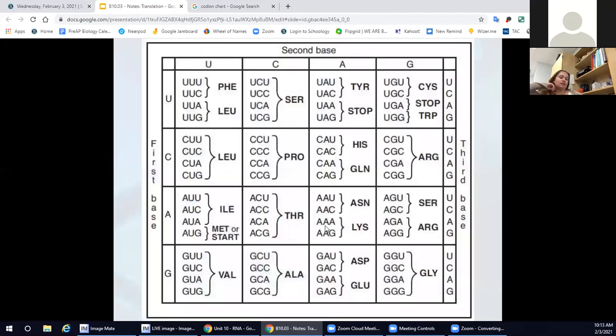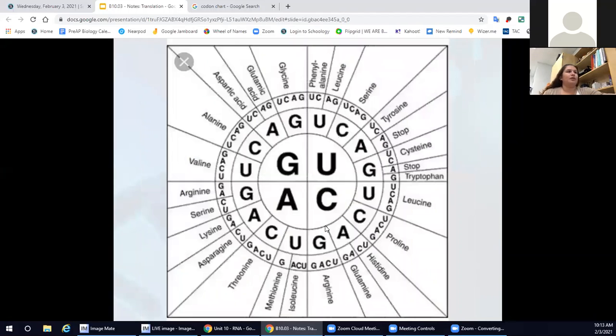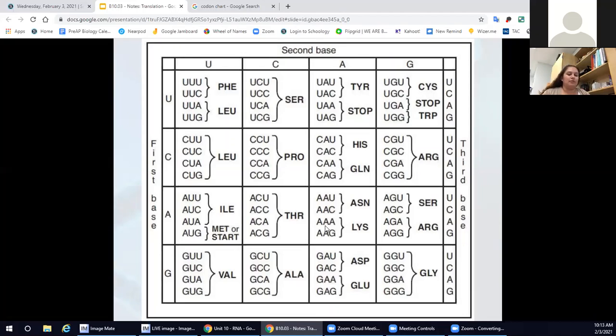All right, so let's go over some examples so that I can make sure you understand what we're doing. All right, ready? The first thing I'm going to tell you to find is going to be a G, A, and a U. G, A, U. I just made those up randomly.